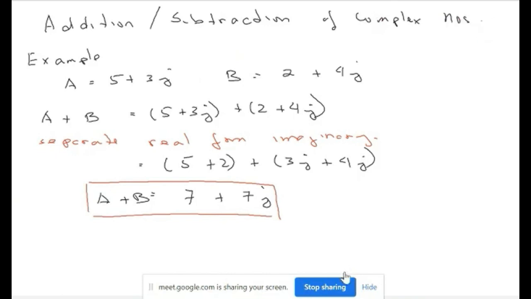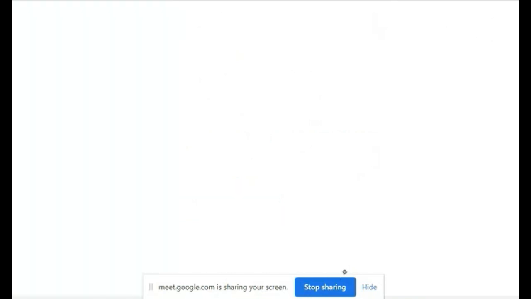How do you subtract? Let's have another example. Let's say A is equal to 7 plus 2j and B is equal to 3 minus 5j.